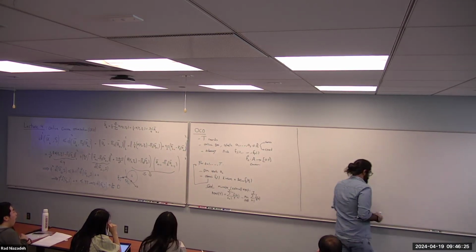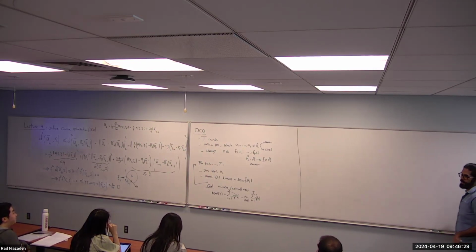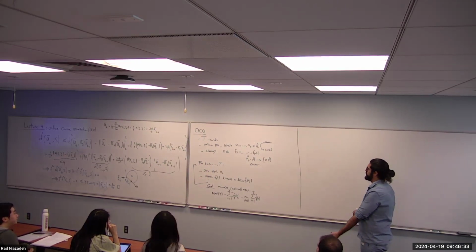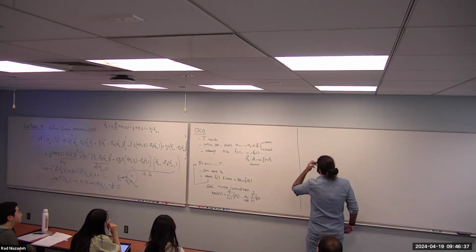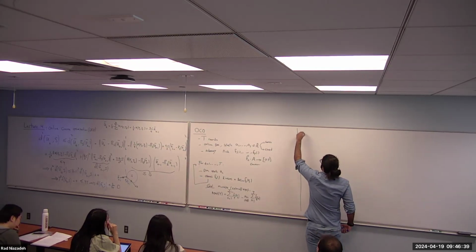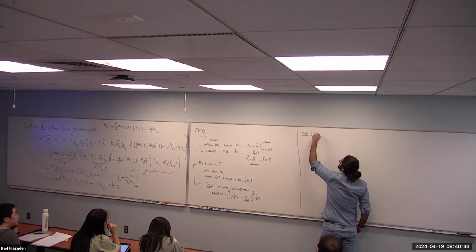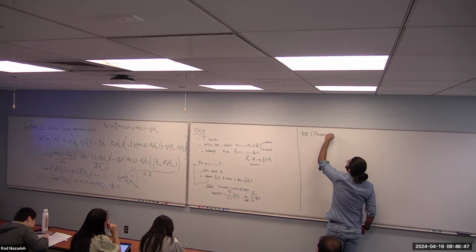The tool that turns out to be helpful is convex duality, in particular what people call Legendre-Fenchel duality or convex conjugates. Let me formally define that. Definition: Fenchel conjugate function.